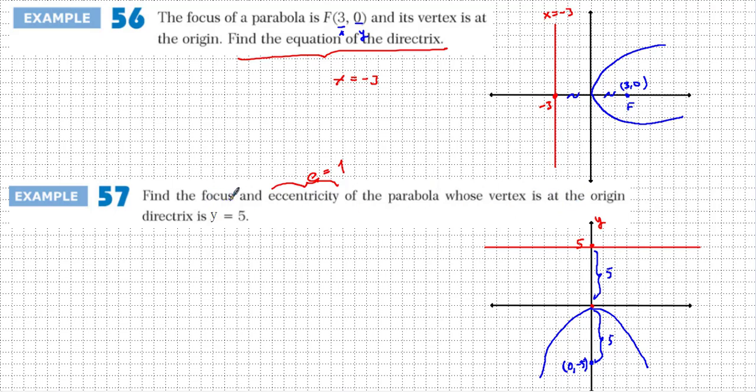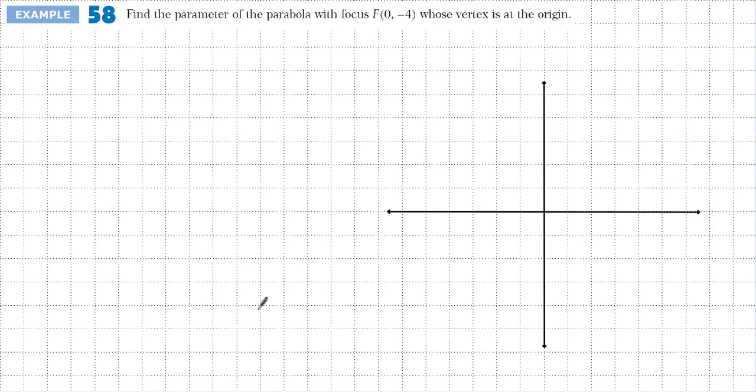The question says find the focus point, and this is the focus point, which you can easily find. This is the last question: find the parameter of a parabola with focus (0, minus 4). We can find the parameter, directrix, and eccentricity, which is always 1, but in this question they are asking only for the parameter.